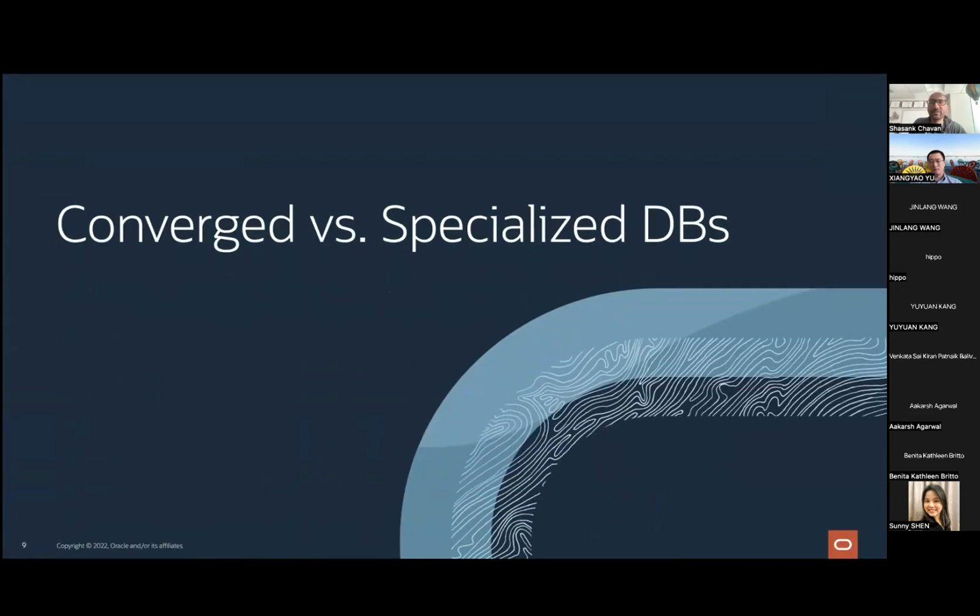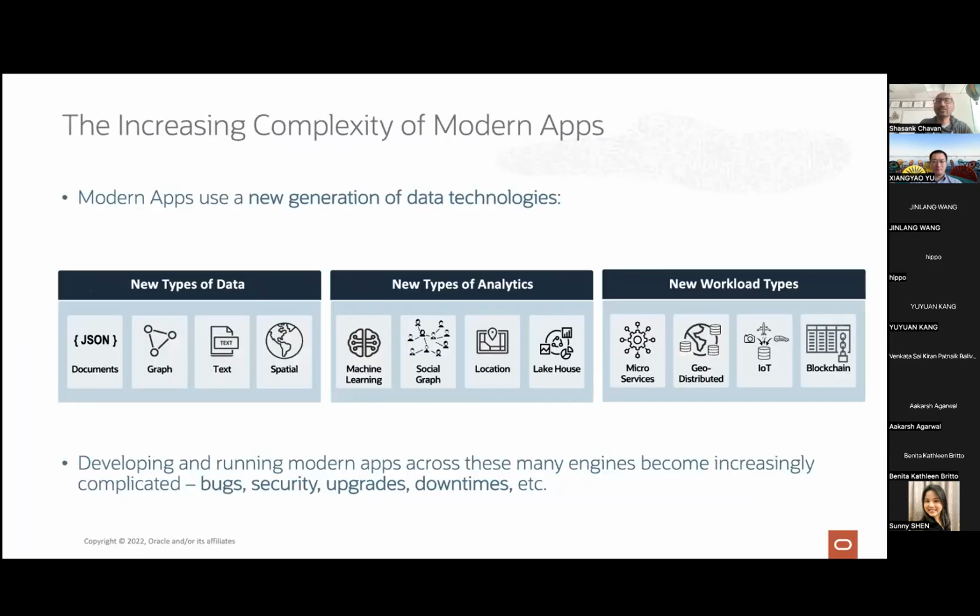Okay, so now let's look at this converged versus specialized database story. There's an increasing complexity due to modern apps. Modern apps use a variety of different data technologies. We have lots of new data types, text, graph, spatial, and documents, a lot of new types of analytics happening, machine learning, social graph networks, and then different workload types, right?